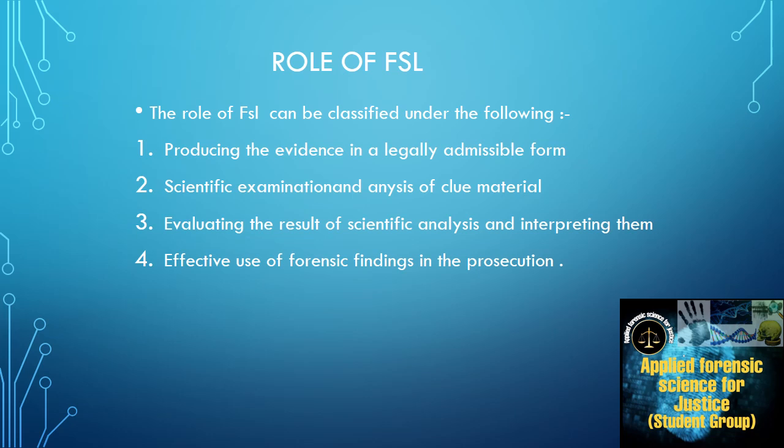Role of FSL. Forensic Science Laboratory plays a vital role in the administration of justice. A crime laboratory applies science and technology to examine physical evidence from an objective, independent perspective. The main function of FSL is to examine, compare and evaluate physical evidence to link a suspect to the victim or to the scene of crime, and to protect the innocent.